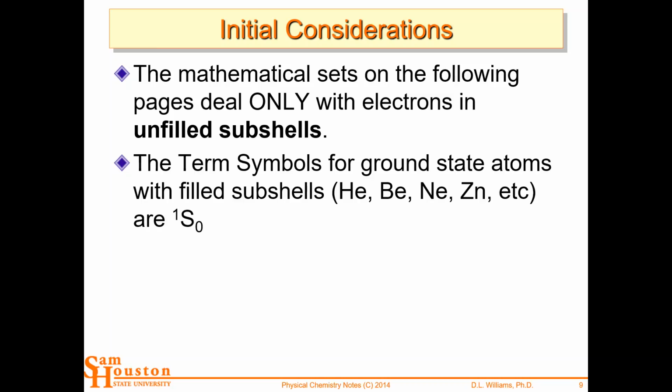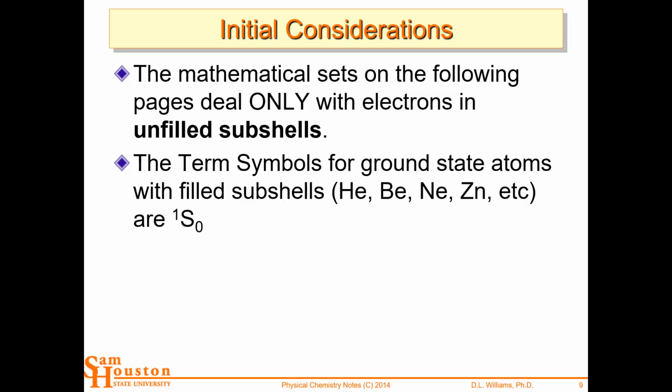Before we start working on those term symbols, here are some initial considerations. These mathematical sets deal only with the unfilled shells, the unfilled subshells. So if we're talking about carbon, we only have to deal with 2 electrons. Even though carbon has 4 valence electrons, we're only dealing with the electrons in the unfilled subshells. Really nice, right?